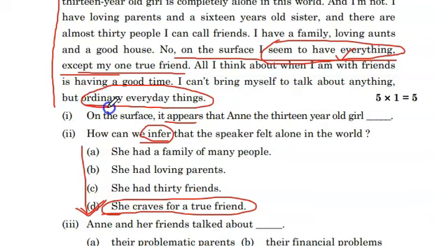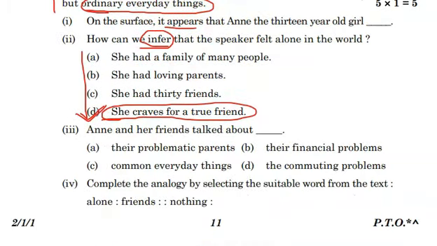So Annie wanted to talk about ordinary everyday things. She wanted to have a friend for talking about ordinary everyday things. So where is that option? Annie and her friends talked about their problematic parents, their financial problems, their common everyday things, or the commuting problems. The answer to this question will be C.